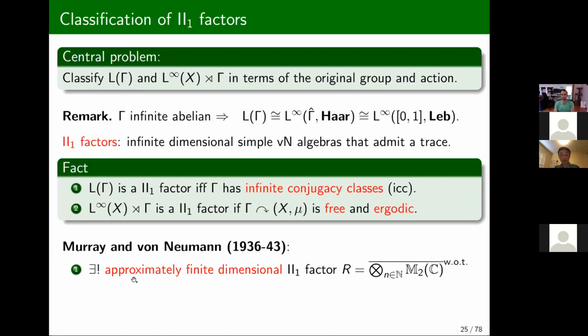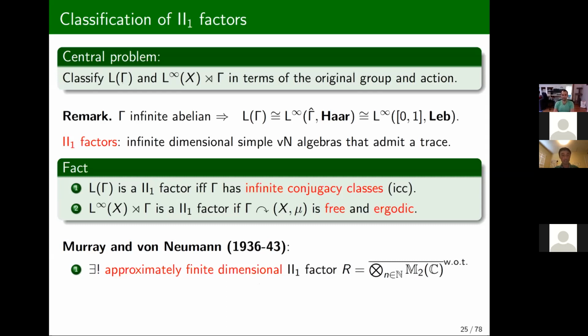So what does it mean to be approximately finite dimensional? Well, this simply means that there is an increasing sequence of finite dimensional subalgebras, which is dense in your factor. So for instance, R can be represented as the closure in the weak operator topology, over a certain representation, of the infinite tensor product of 2x2 matrices.